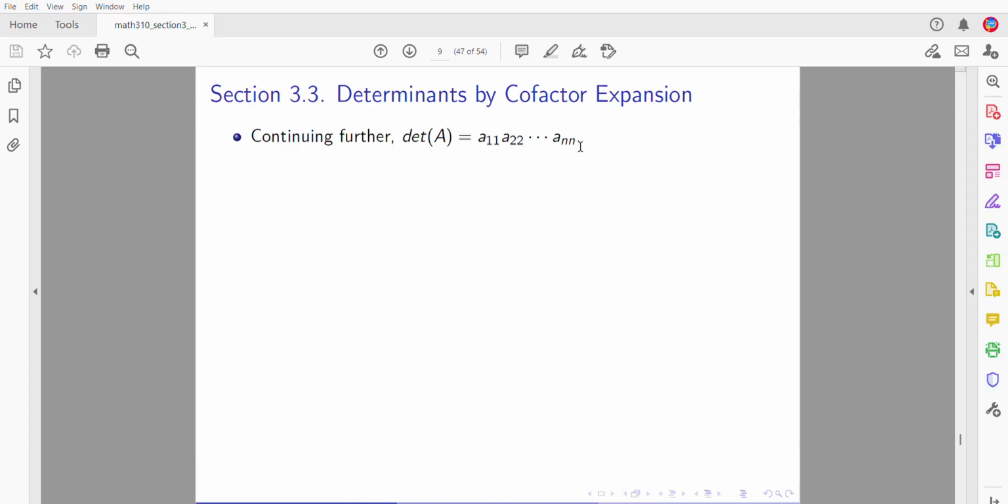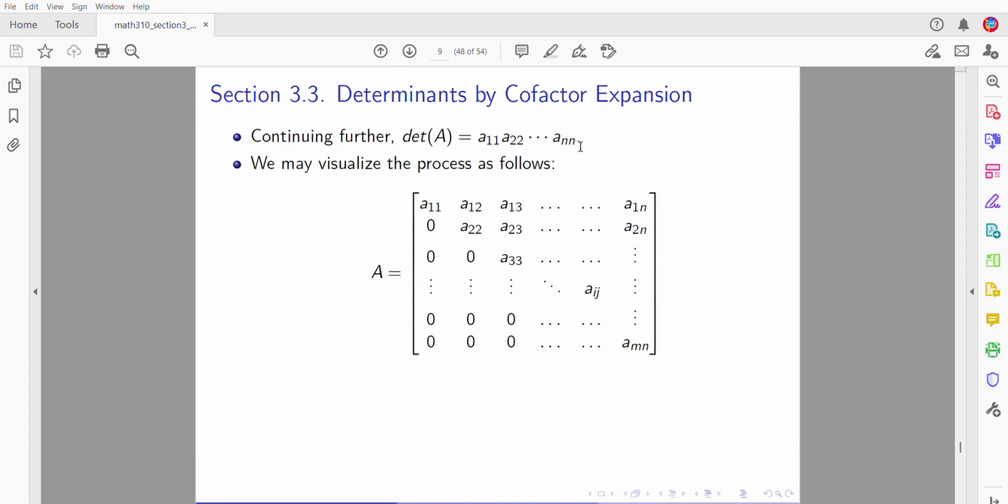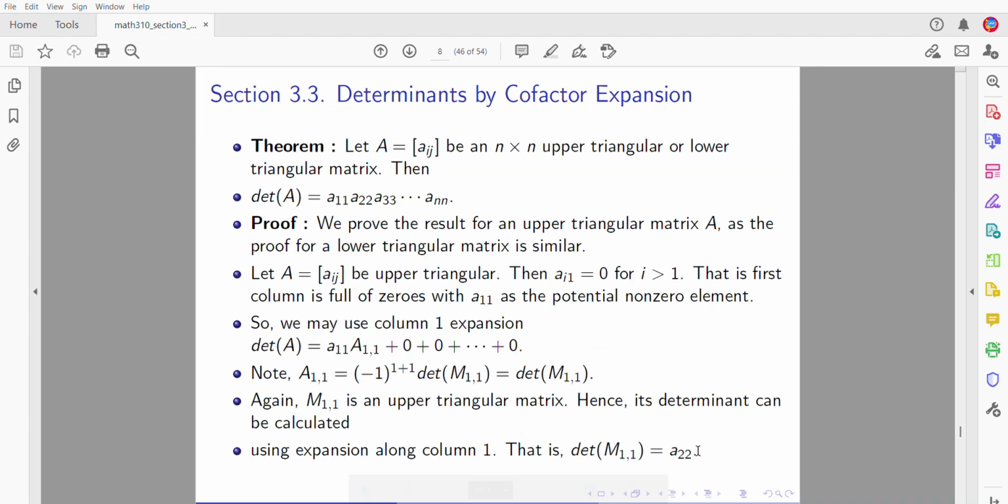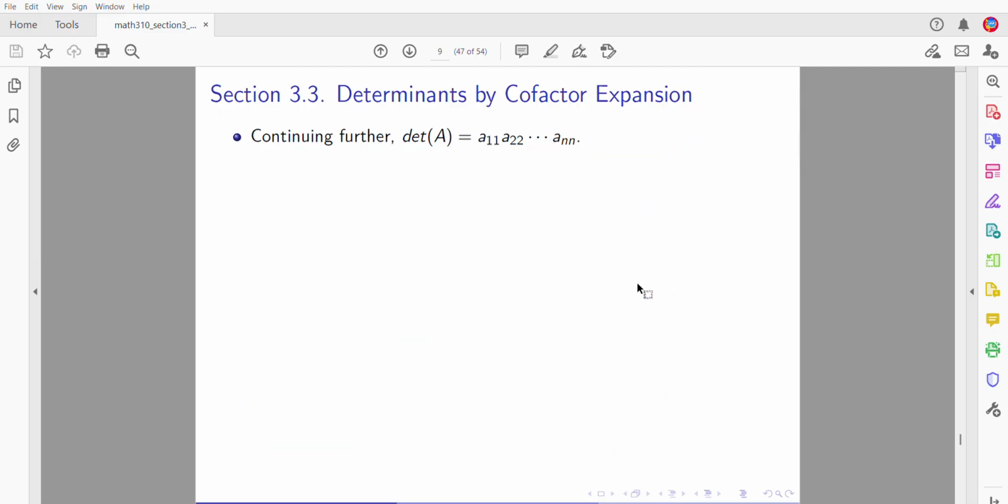Okay, so let's see. That's an upper triangular matrix. Okay, all the entries below are 0. By the way, this is incomplete. You need a smaller matrix here. Okay, so I'll fix that error. But regardless, determinant of A is all along the diagonals.